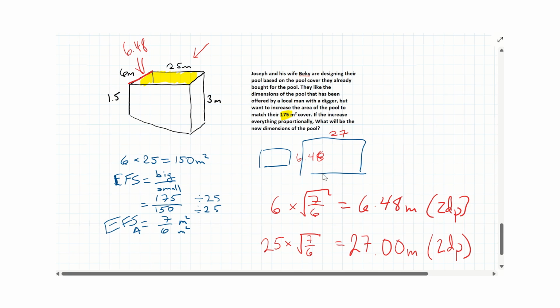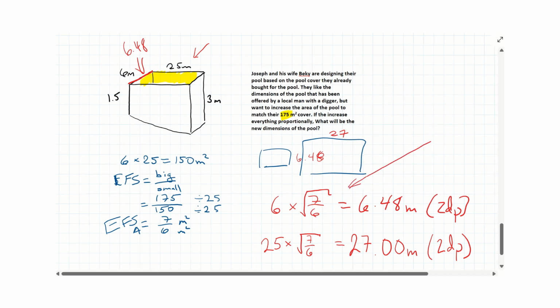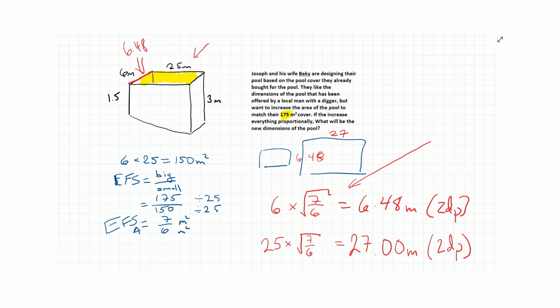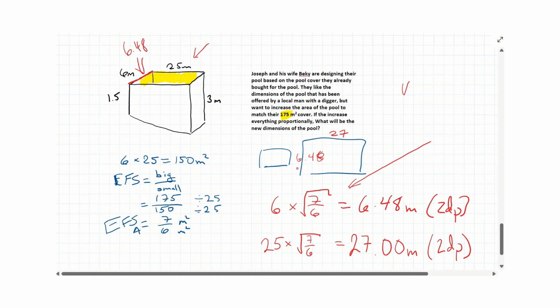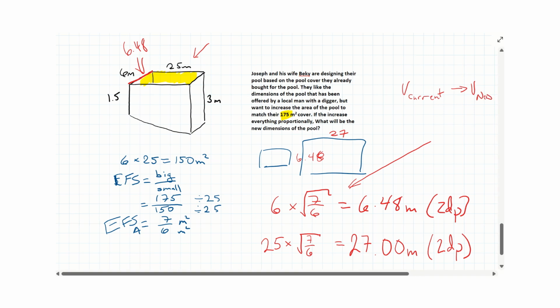If you want to stop there and practice some of the stuff on your own, you can go ahead and look at some of the worksheets attached. Give those a go. But I want to find out what scale factor number I'd use to change my pool from its current volume to the new volume.